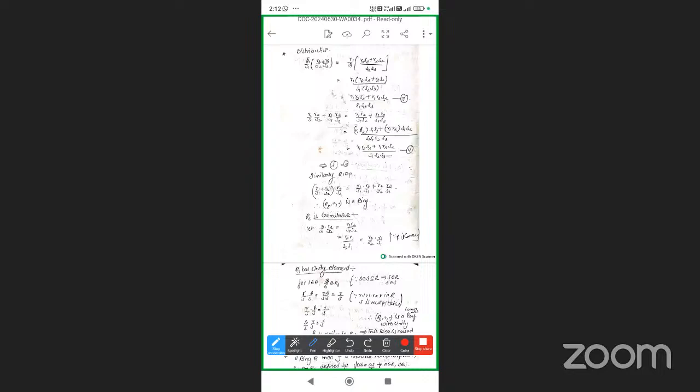Next, the RHS is R1 by S1 times R2 by S2 plus R1 by S1 times R3 by S3. Simplifying this, we take the LCM S1 S1 S2 S3.